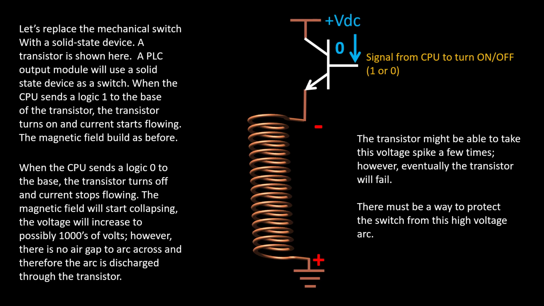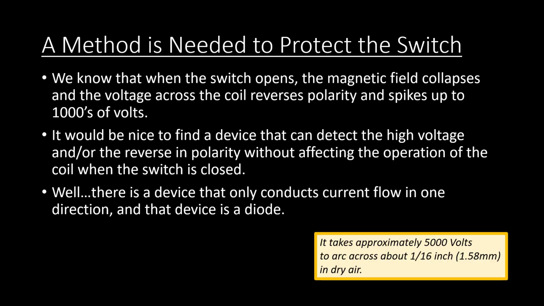So, we have to wire protection into these circuits. We have to have a way to protect the switch, whether it's a mechanical switch or a solid state switch, from these high voltage arcs. We need a method for this protection.